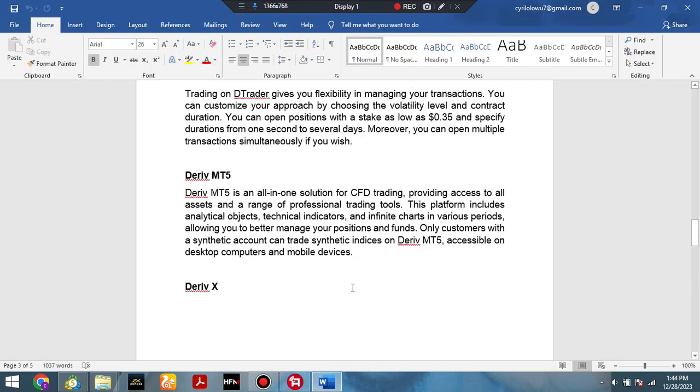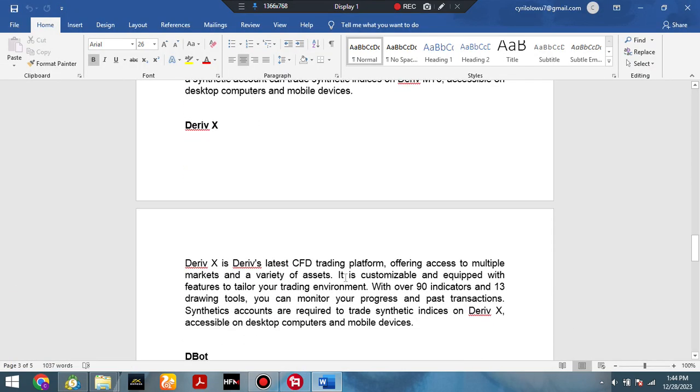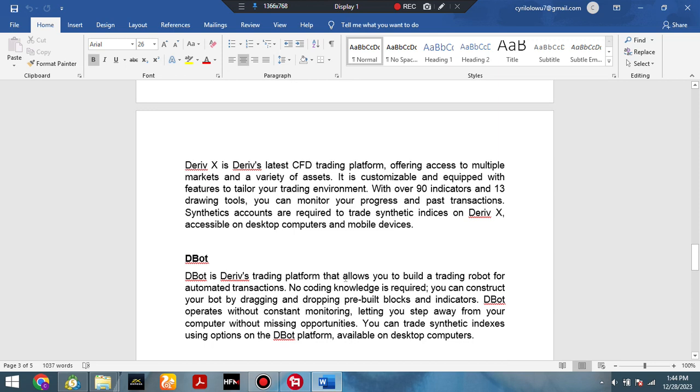Now we have the DX, that is the Deriv X. Deriv X is Deriv's CFD trading platform, offering access to multiple markets and a variety of assets. It is customizable and equipped with features to tailor your trading environment, with over 90 indicators and 13 drawing tools.